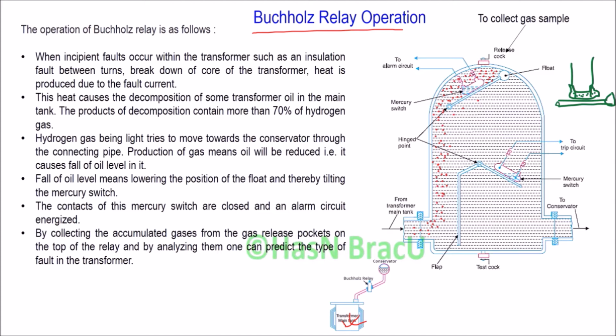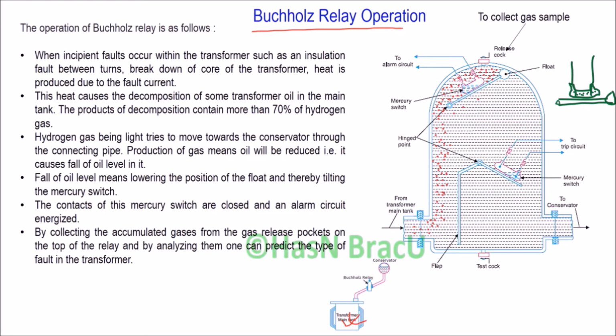Since hydrogen gas is very light, it tries to move upward towards the conservator. You can see here the gas tries to move upward. We can show the produced gas by red color in the container.